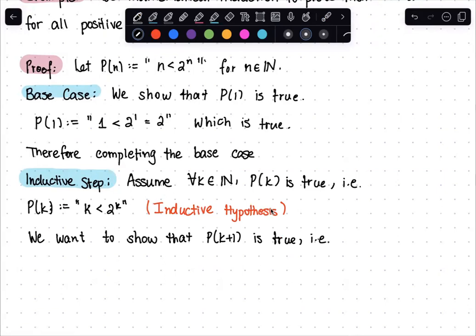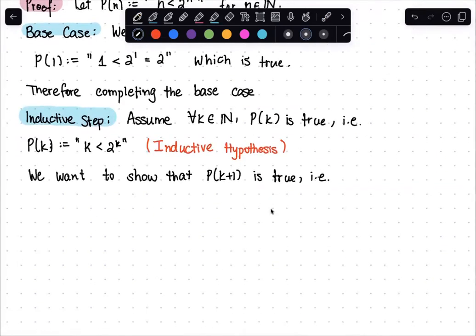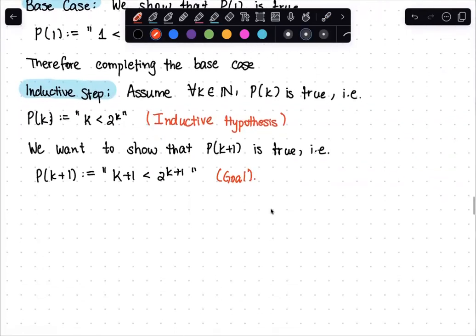P of k plus 1 says that k plus 1 has to be less than 2 to the k plus 1. That is what we want to show, so I'll label this as the goal. Okay, so let's work with the left-hand side first.